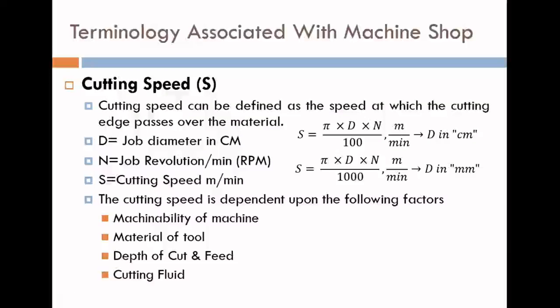In industry, sets of cutting speed tables are already present for different types of material and different types of machine. Let's see some examples. If we use aluminum material and perform a threading operation, then the required cutting speed is 30 meter per minute.